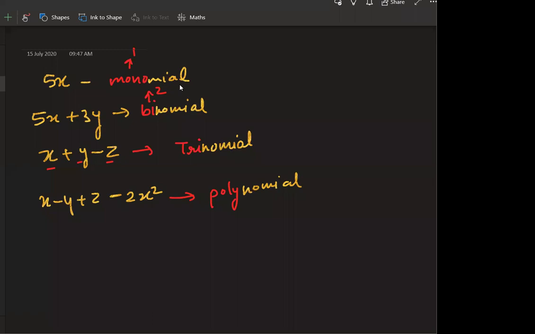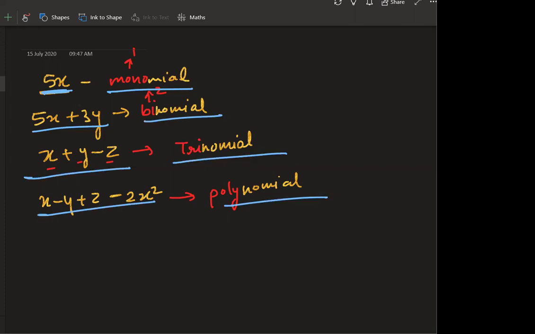So students, you must understand: an algebraic expression which has only 1 term is called monomial, 2 terms binomial, 3 terms trinomial, more than 3 terms polynomial.